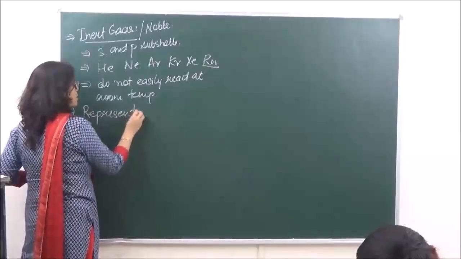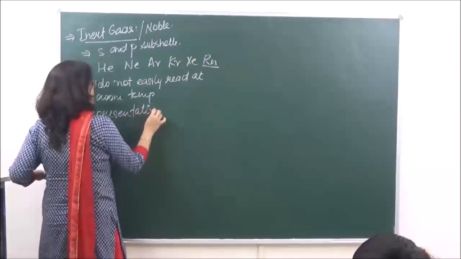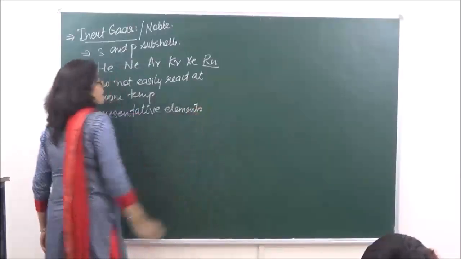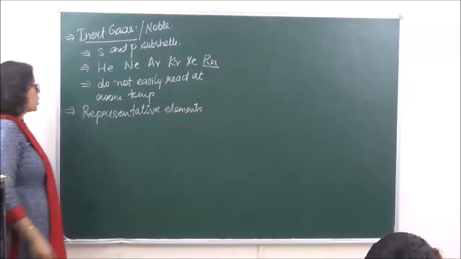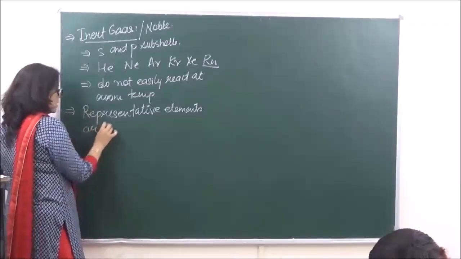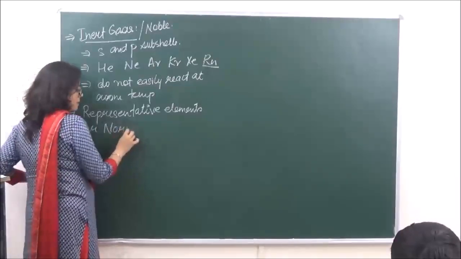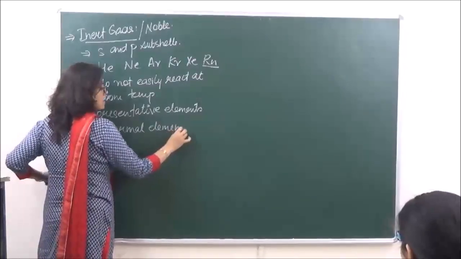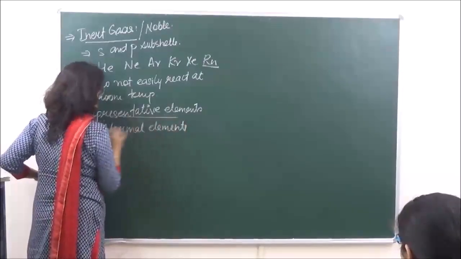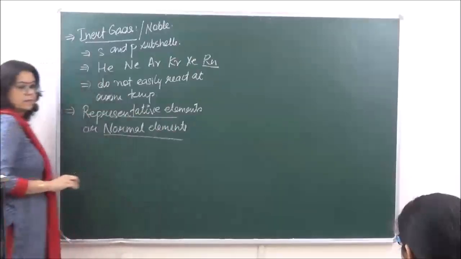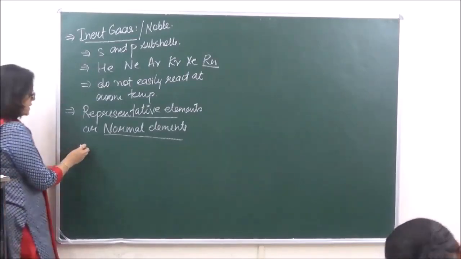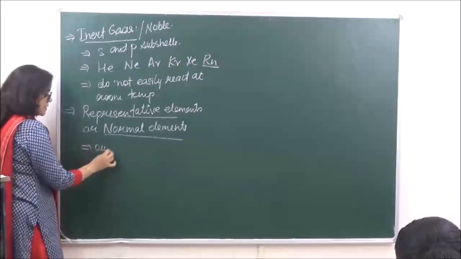The second type of elements which we have are the representative elements, or they are also called normal elements. Right? Now in representative elements or normal elements, the outermost shell is incomplete.